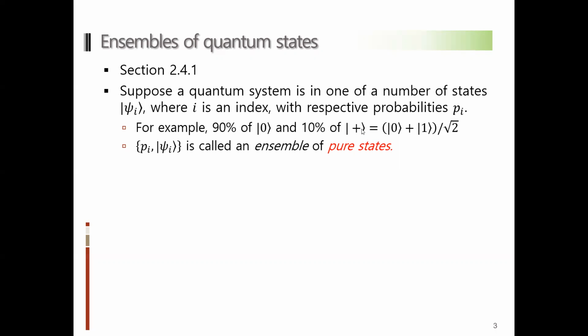When we are discussing the density matrix, we don't have to use only orthogonal states. Here, I just use 2 states, but you might also have something like 45% of the 0 state, another 45% of the 1 state, and then another 10% of the plus state.